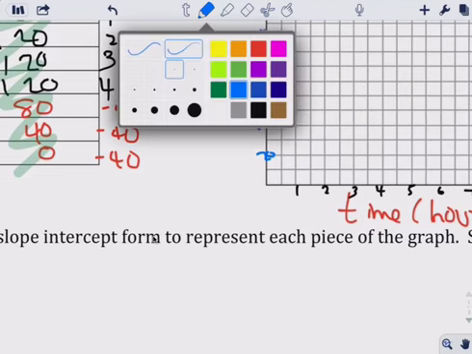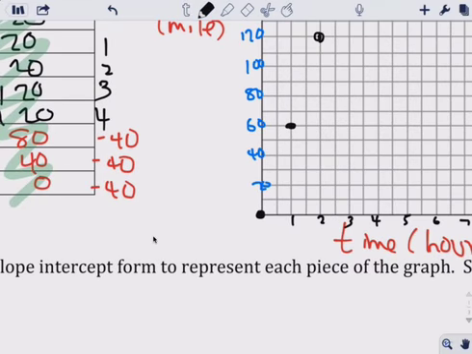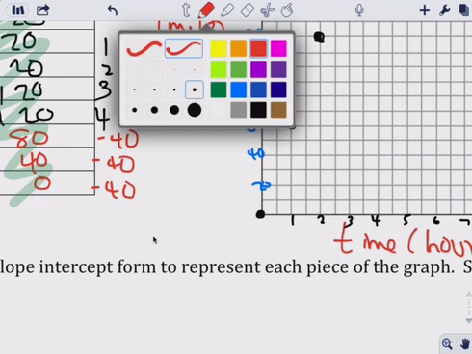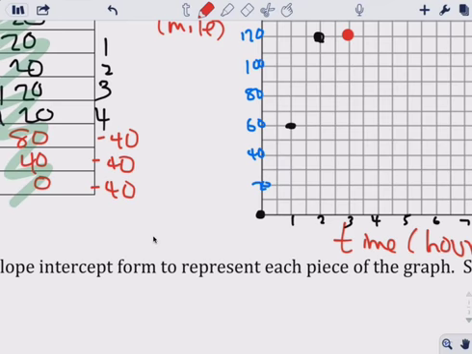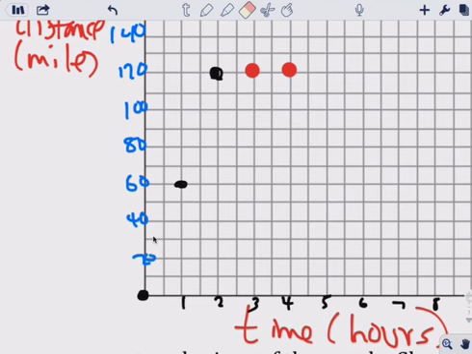0 is here. 60 is here. 2, 120 is here. And then you stayed there for 4 hours. So here's hour 1. 3 is at 120. 4 is at 120. 5 is at 120. 6 is at 120. Let me make it on the line a little bit better.